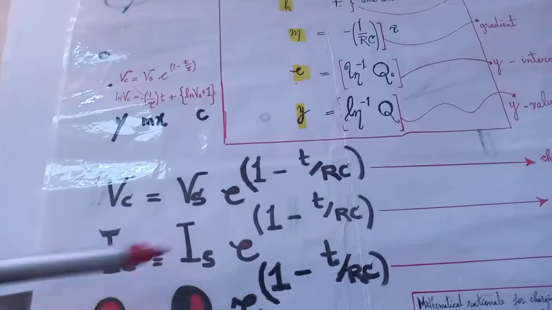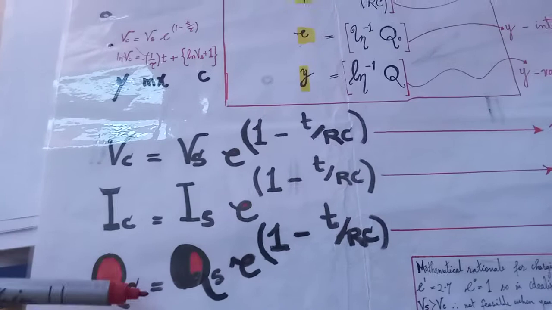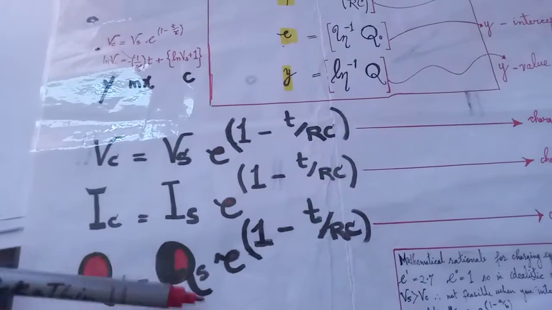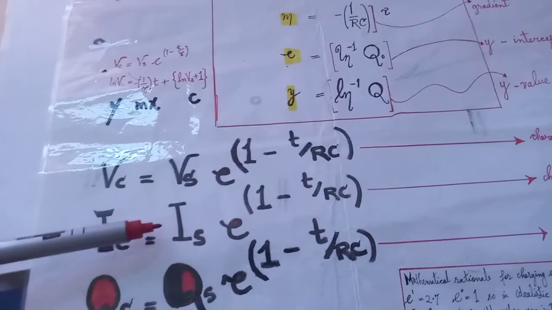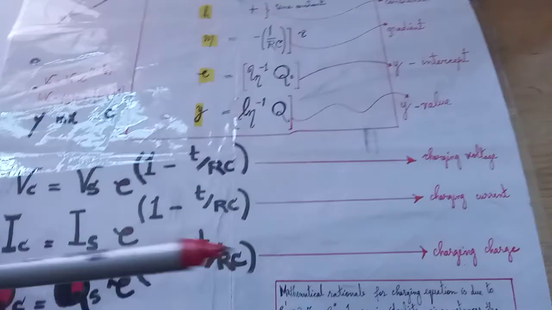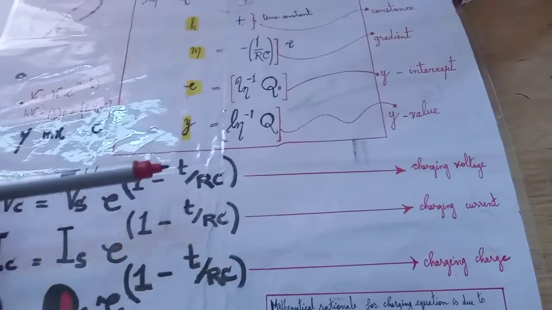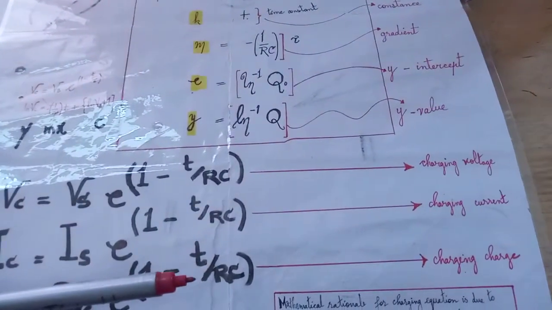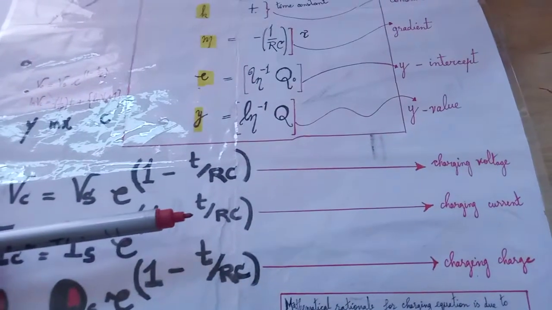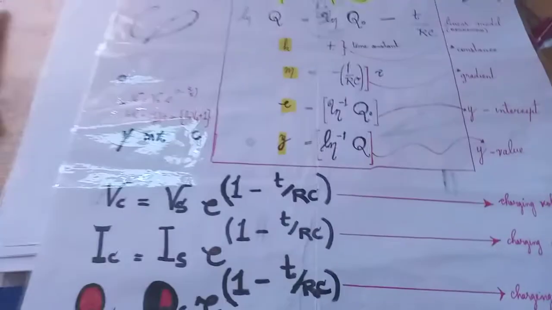So the current this time would not have a negative sign, and the charge would not have a negative sign either, because in the previous condition of discharging, current had a negative sign. Now, like every graphical analysis, this shows the charging voltage, charging current, and charging charge accumulation.